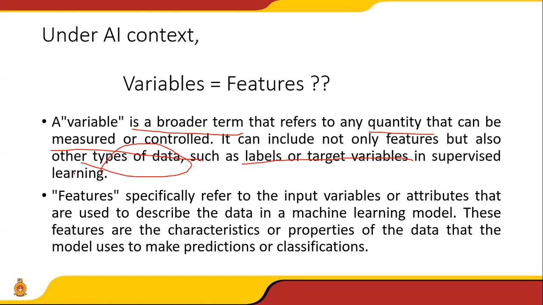Next, we'll see these features, right? The key term is variable, and we have another term known as features. It specifically refers to the input variables or the attributes that are used to describe data in a machine learning model. Some of the things we have inherited from other practices like statistics and math are definitely interfering with data science.